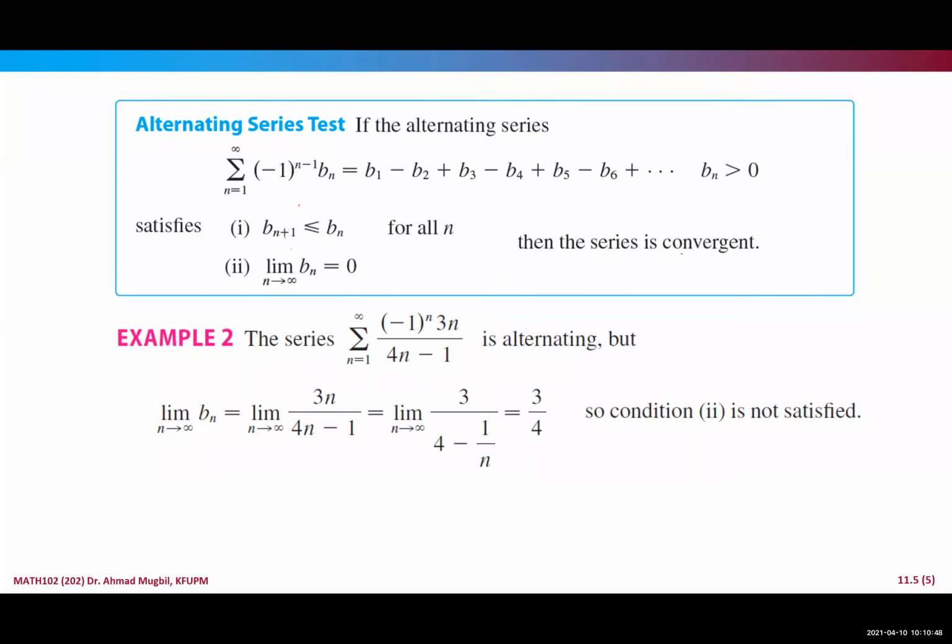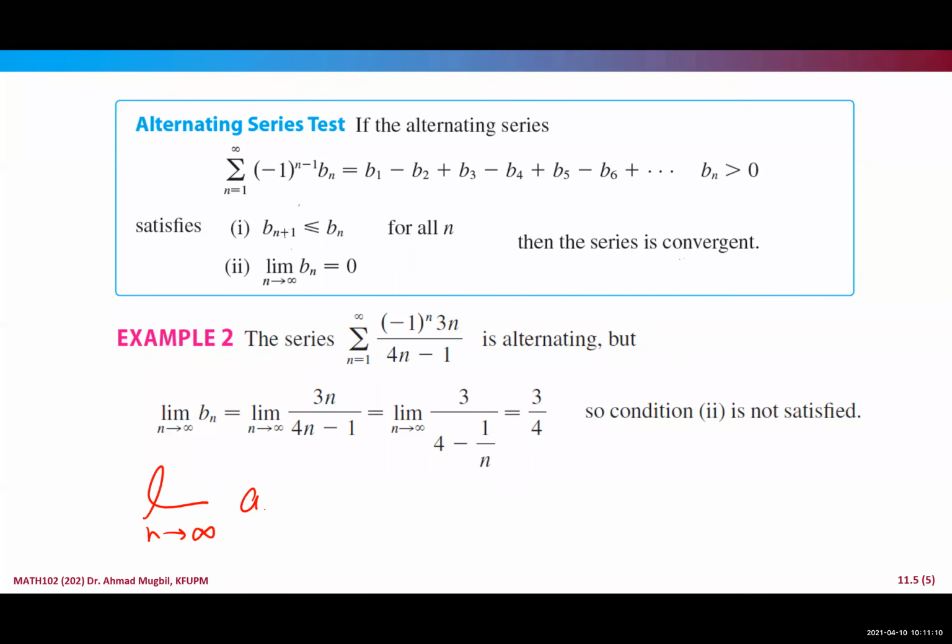In other words, if it is divergent, then the conditions are not both satisfied. Now, we want to say that this is divergent. By which test, ya shabab? What is the test that can help us here to say that it is divergent?